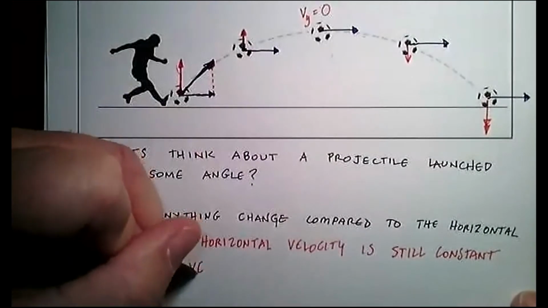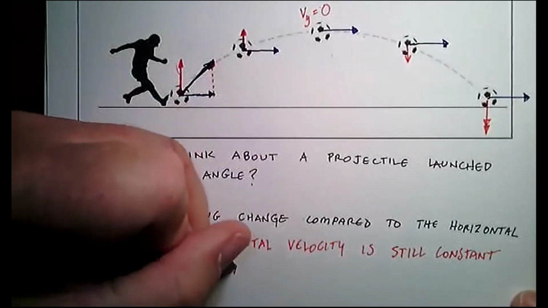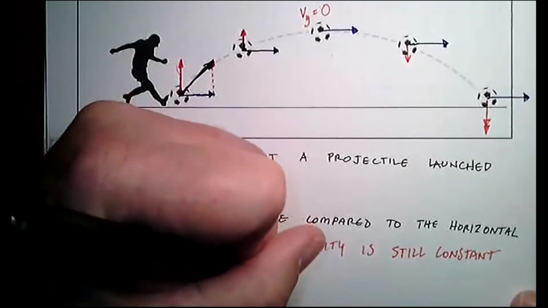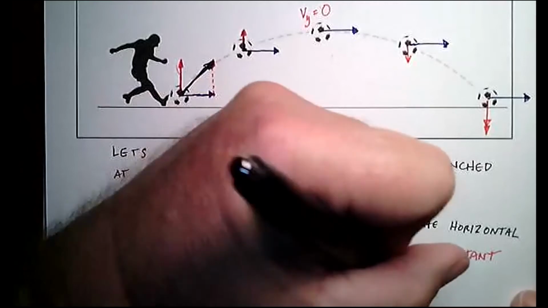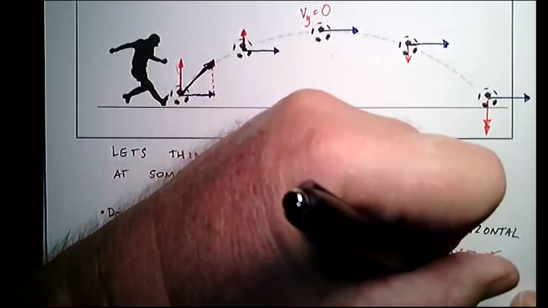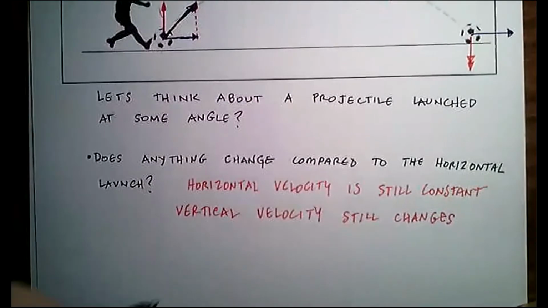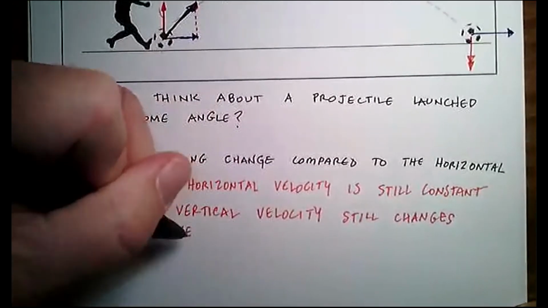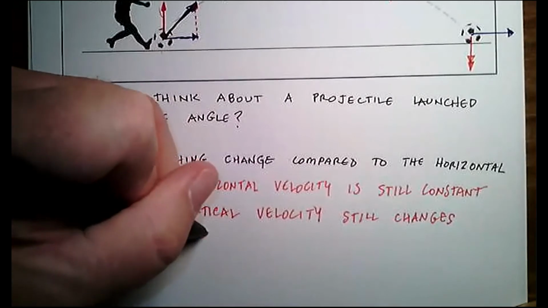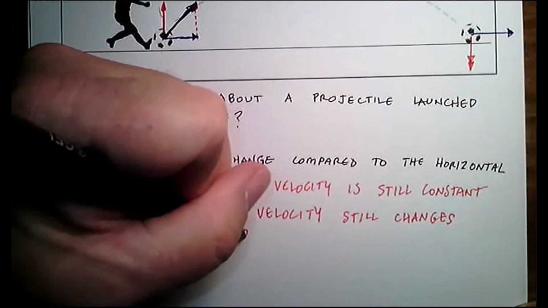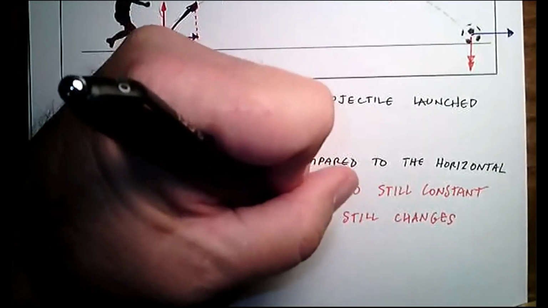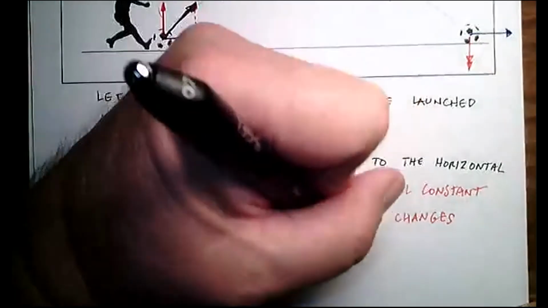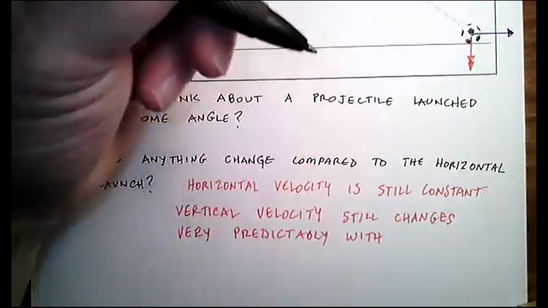And vertical velocity still changes. And I would say not only does it change, it changes very predictably with gravity.